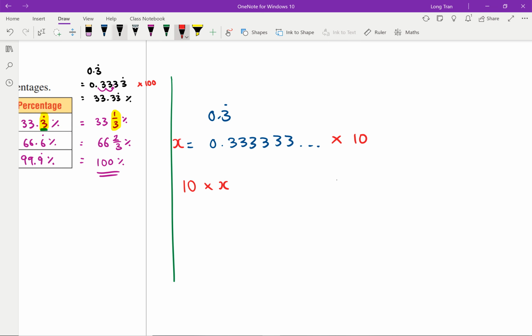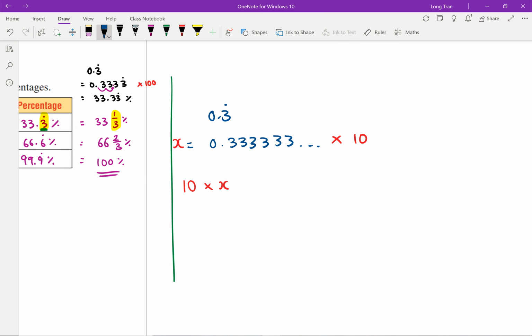Based on that concept, when you multiply by 10, you can just move the decimal place one place value forward, which changes this to 3.333333 recurring. True? Now that's interesting, because here we have x equal to 0.33 infinitely, and 10x equivalent to 3.3 infinitely.